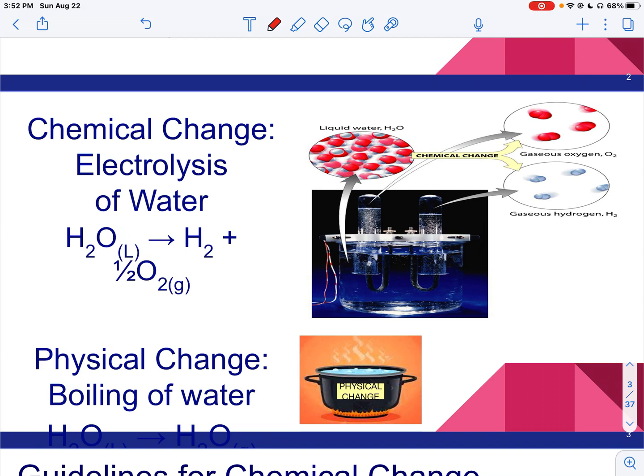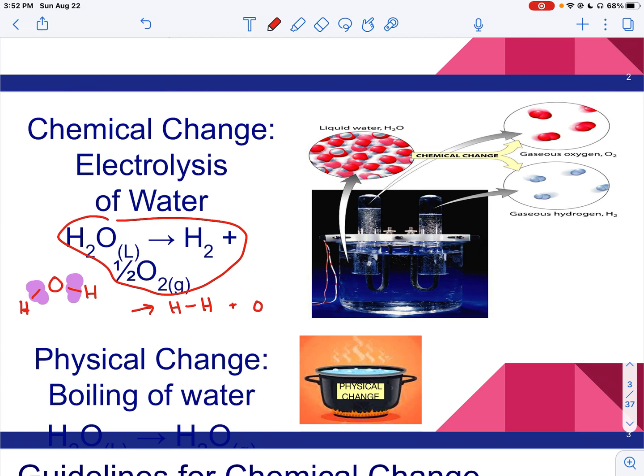Okay, so you'll take our bonds here and you will break them apart. So you will end up with a new bond between two hydrogen atoms and then oxygen by itself. Now, obviously, we know that's not true, but that's the way this equation is written. So that's just what I'm going to write for now. Okay. The important thing here is that bonds are broken, new bonds are formed.